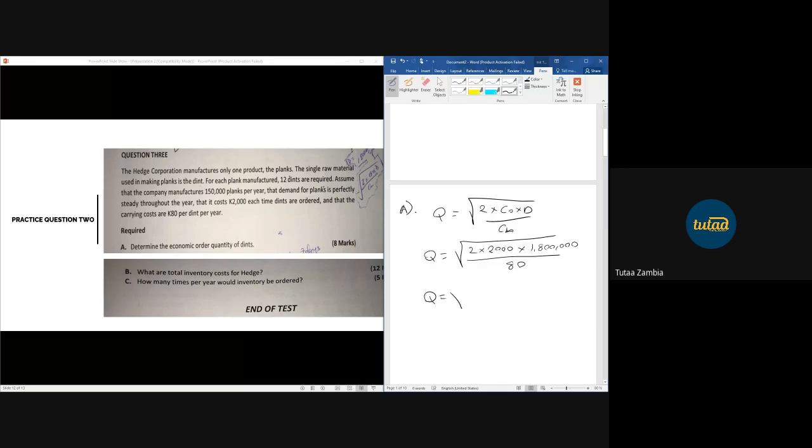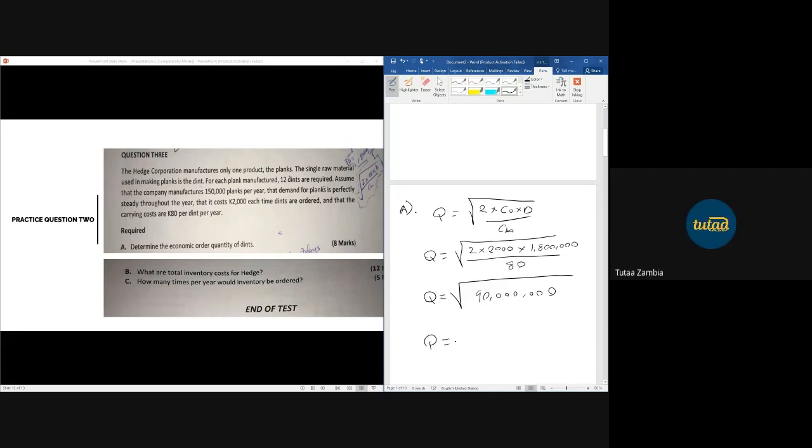Let us break this down. What is 2 times 2,000 times 1,800,000? 7,200,000,000. And when we divide that by 80, what do we get? 90 million.